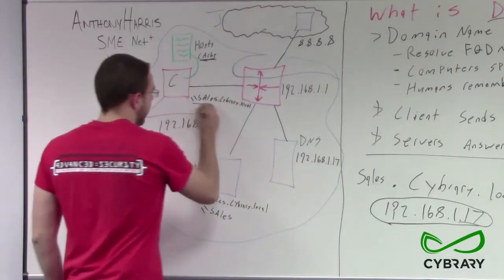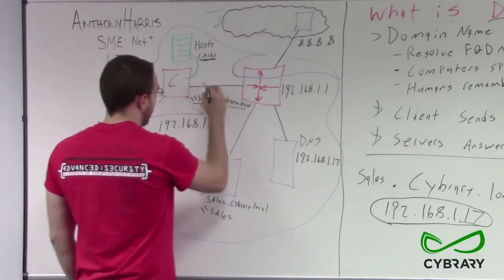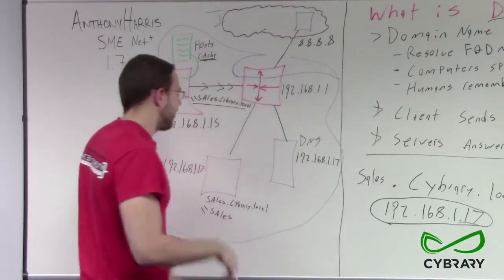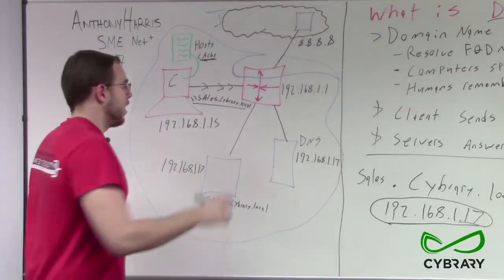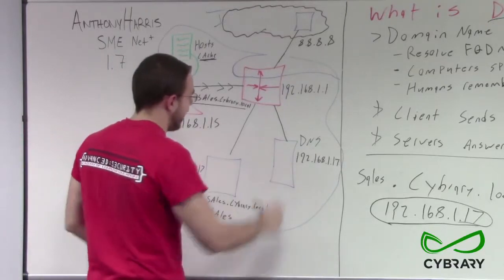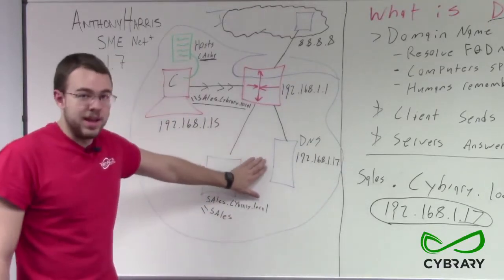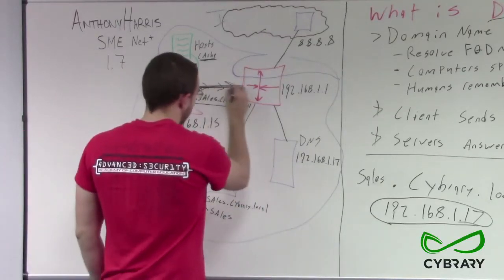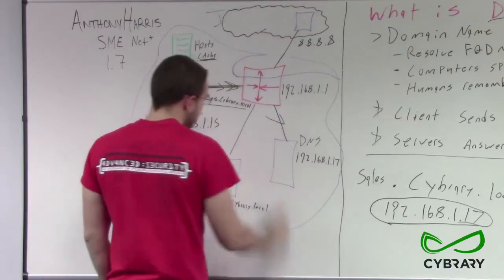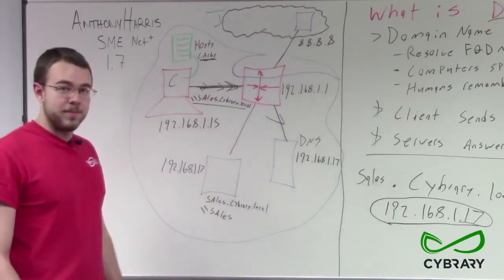So our computer is now going to send our DNS query to the DNS server that we have set up in our IP configuration, and we're going to set our default DNS server to be our internal DNS server here. So our computer is going to send its first query over to our internal DNS.